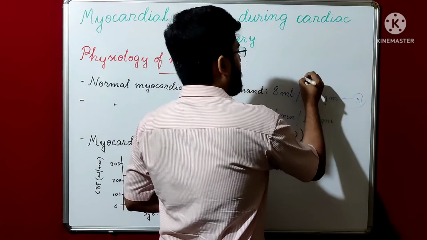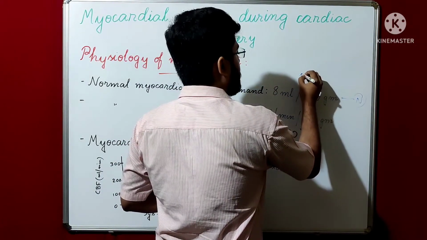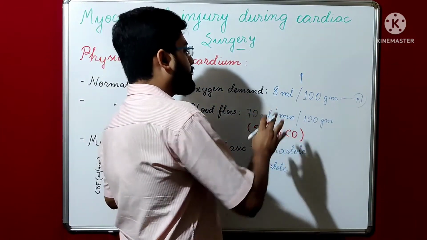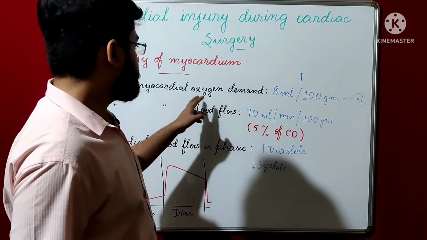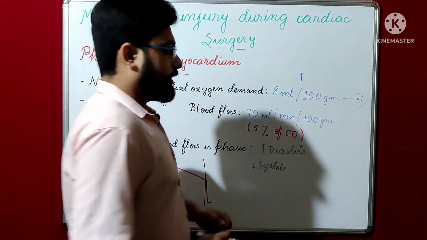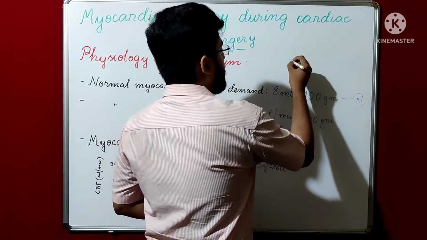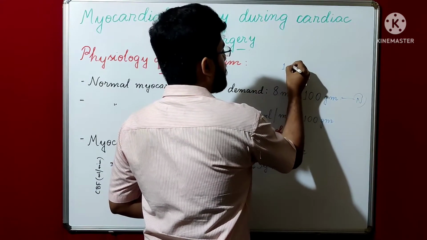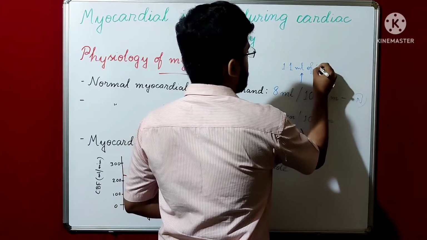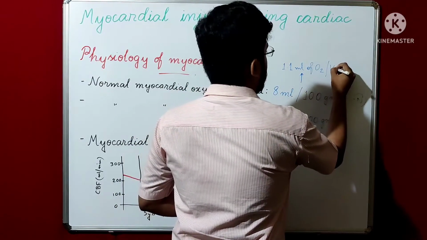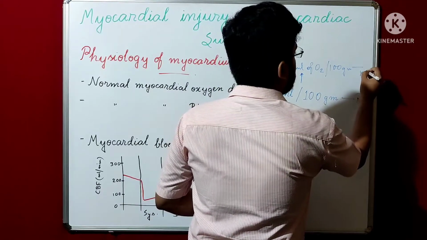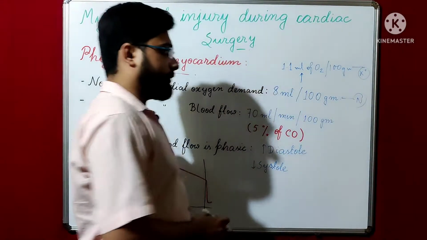There are a lot of causes, but the primary cause is that this reduces the oxygen demand, up to almost 1.1 ml of O2 per 100 gram for a potassium arrested myocardium.